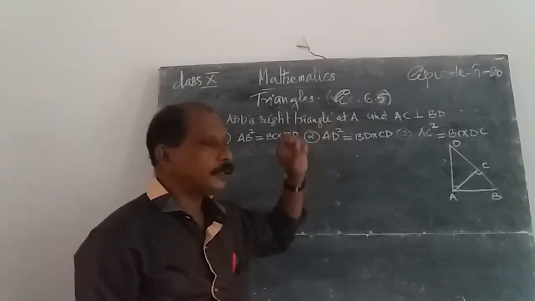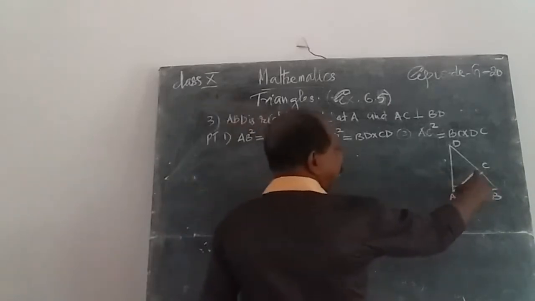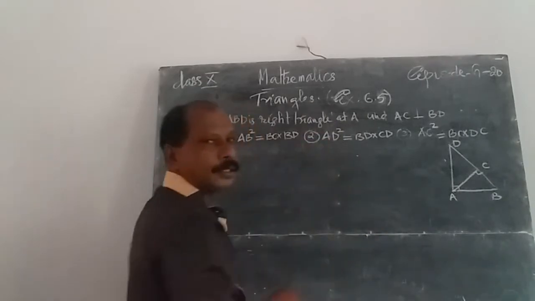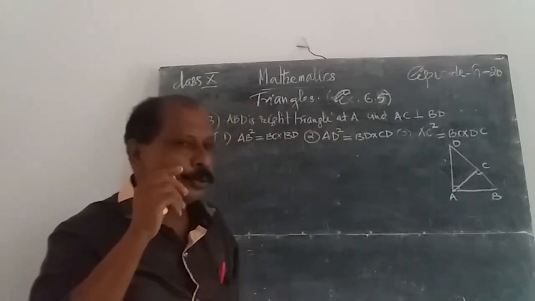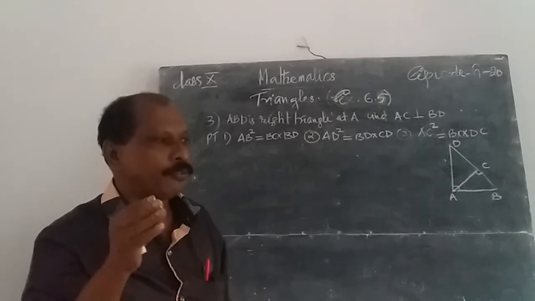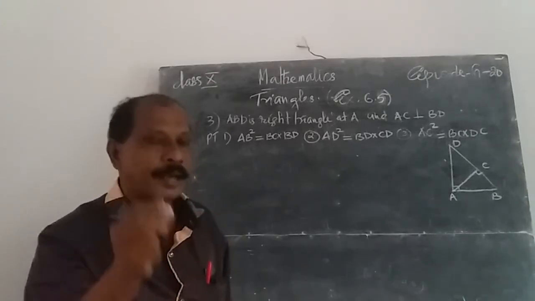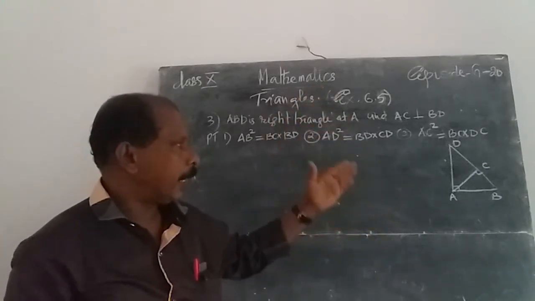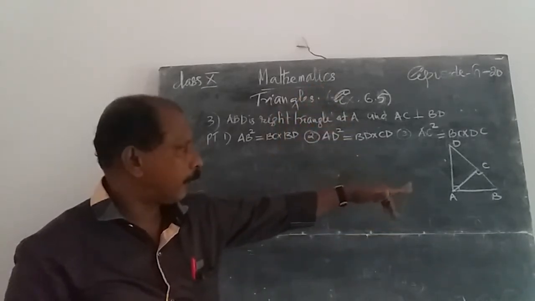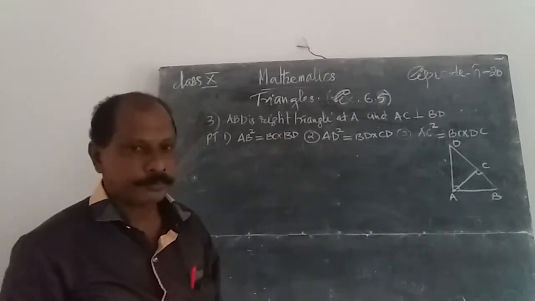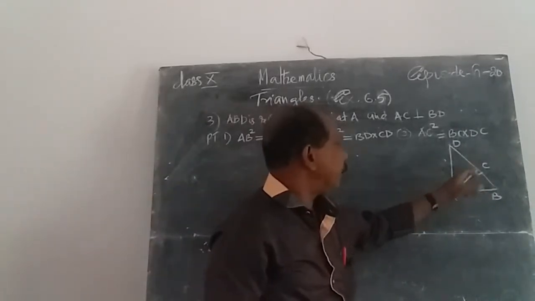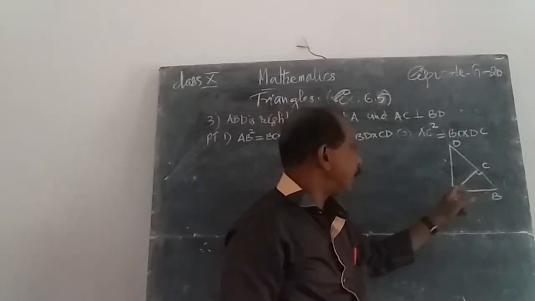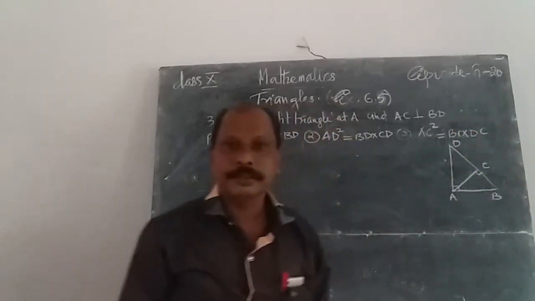For the third one, AC square, comparing these two small triangles, ACB and ACD, we get the result. This is the trick by which we can find the result simply and directly.